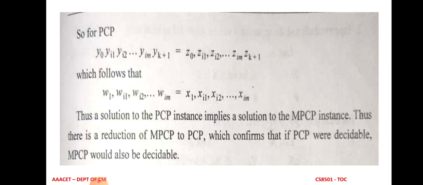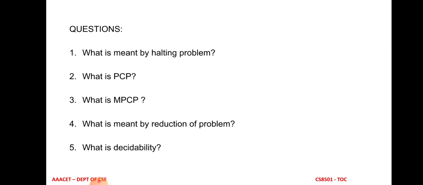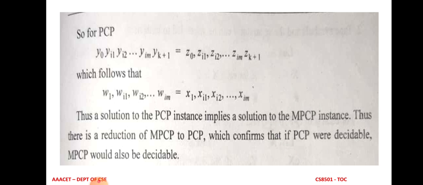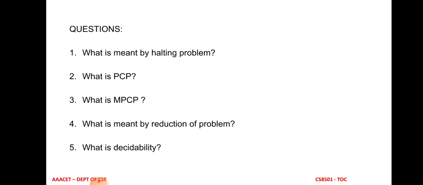Thus that is the meaning of reduction of one problem into another problem, which confirms that if PCP were decidable then MPCP is also decidable. So in this lecture we saw the halting problem, PCP and what is MPCP. Here we reduce one undecidable problem into another undecidable problem.